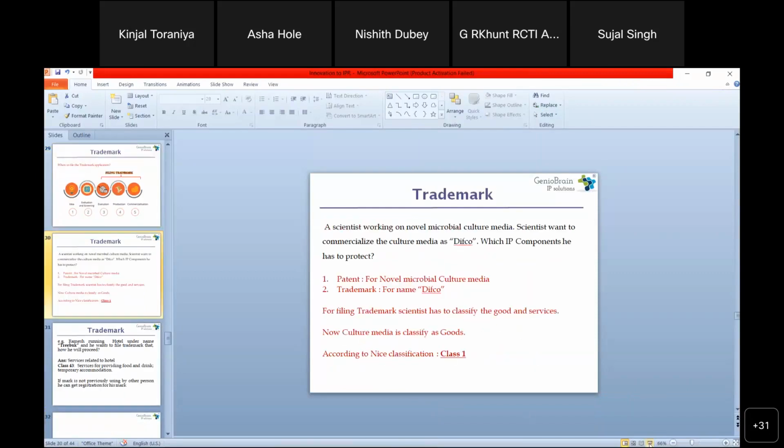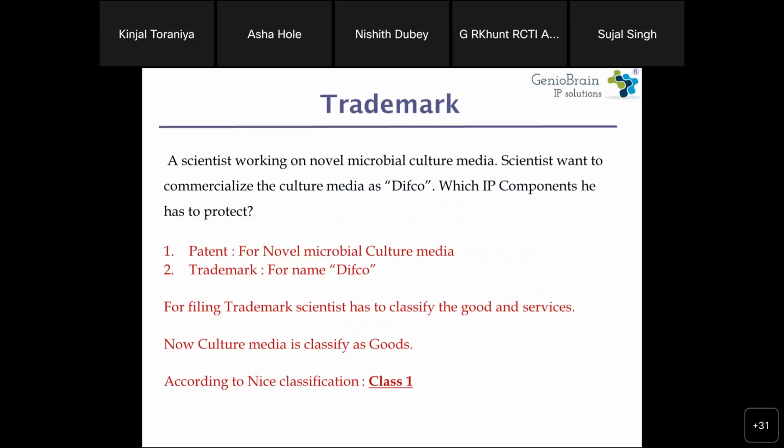Can you see this slide? Scientists working on novel microbial culture media. Ma'am, okay. So here is one hypothetical example. Let's assume that the scientist is working on a novel microbial culture media. Now, the scientist really wants to commercialize that culture media under the name DIFCO.